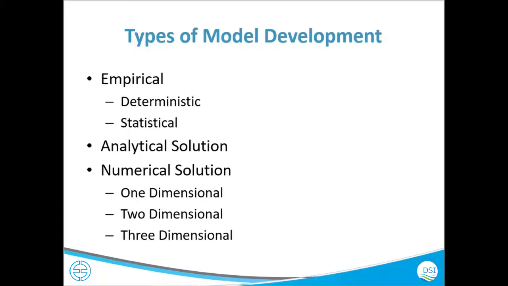When you're doing numerical modeling, it can be one-dimensional, two-dimensional, or three-dimensional. It means which direction you are concerned with. If you have a 1D river that is well mixed in the vertical, and you are not concerned about what's happening on the right bank or left bank, you can just have a 1D river with one vertical layer. That would be a 1D model.